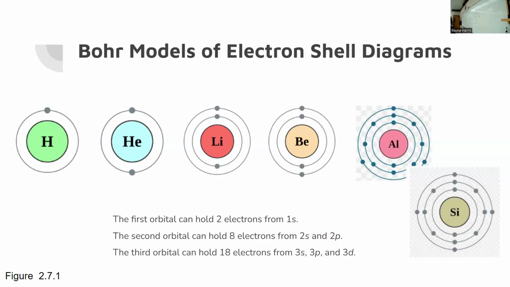Beryllium is in column 2, with 2 electrons in the outer shell. Boron, if we ignore the D block, is in the 3rd column, so it will have 3 electrons in the outer shell, 3 in the outer shell and 2 in the inner shell for a total of 5 electrons. Is that making sense so far? We just slowly keep adding.